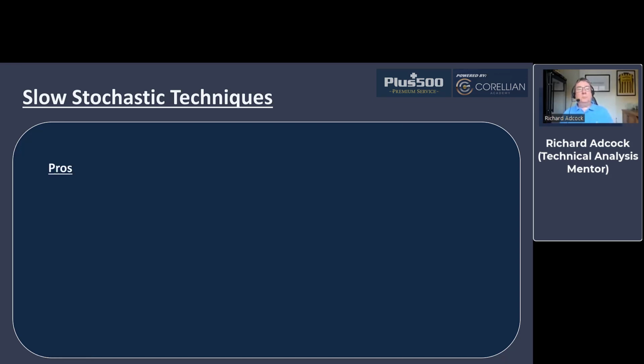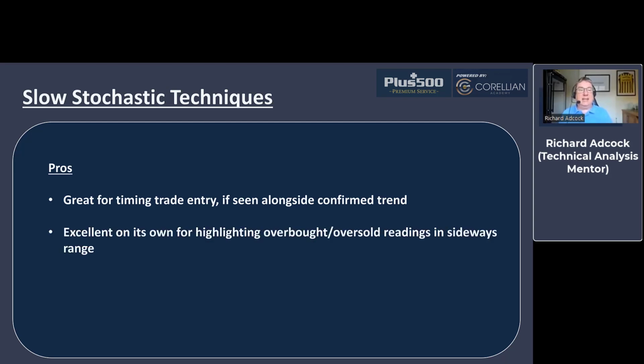So just to summarize the pros and cons, if you like, of the slow stochastic, it's great for timing trade entries, but you need to be aware of the confirmed trend. Momentum turning up within a bullish trend is a positive signal and a reacceleration of that bullish trend.